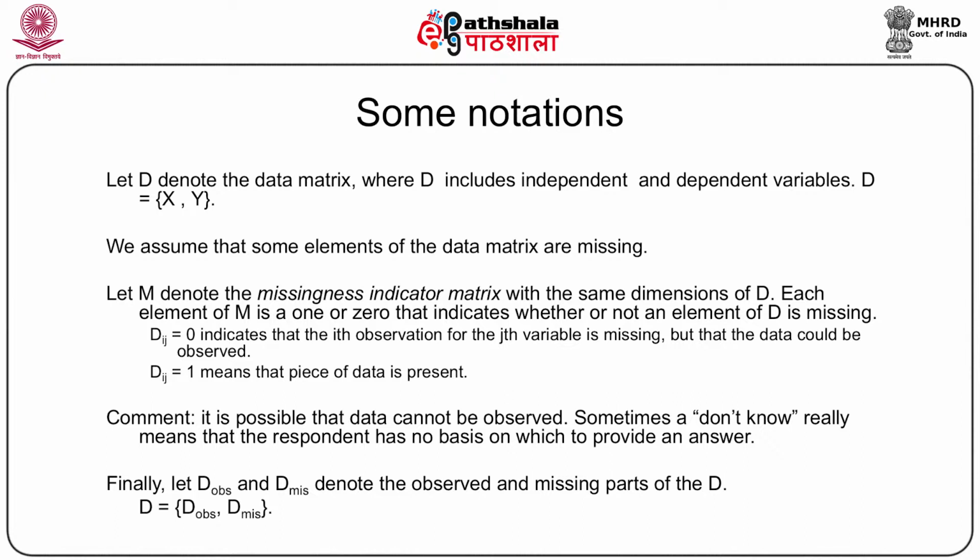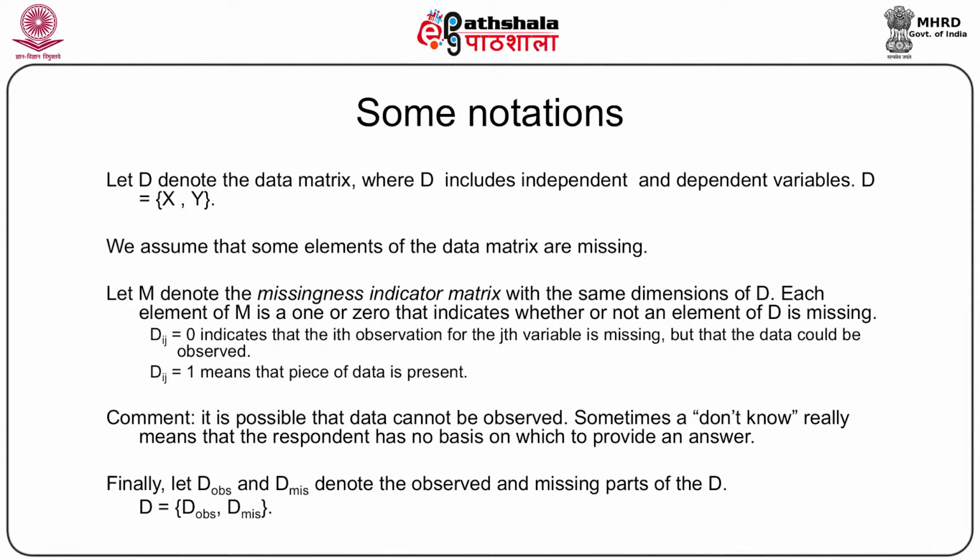M_ij equal to 0 indicates that the ith observation for the jth variable is missing, but that the data could be observed. M_ij equal to 1 means that piece of data is present. So M_ij is an indicator variable. It is possible that the data cannot be observed.